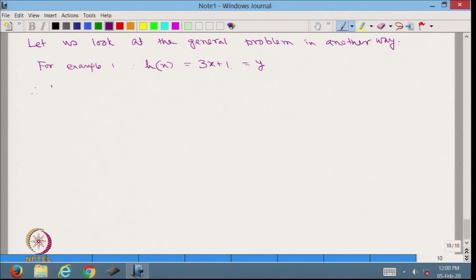Therefore, G(y) is equal to probability Y less than or equal to y, equal to probability 3X plus 1 less than or equal to y, equal to probability X less than or equal to (y minus 1) upon 3.